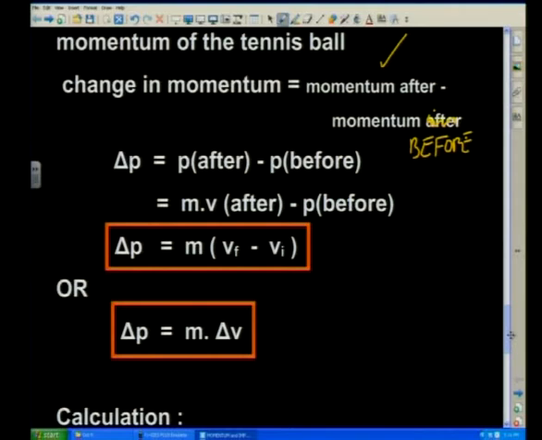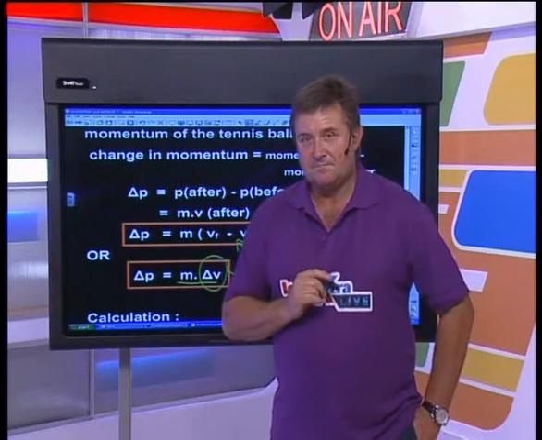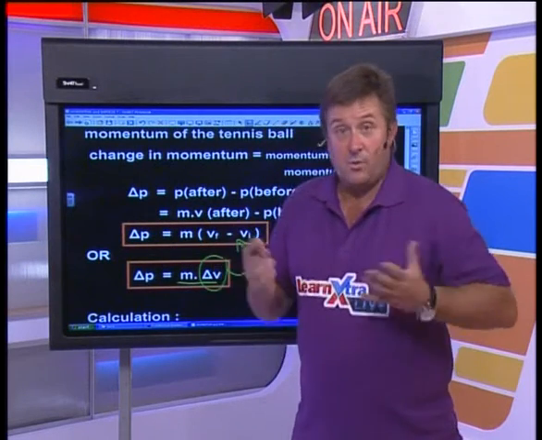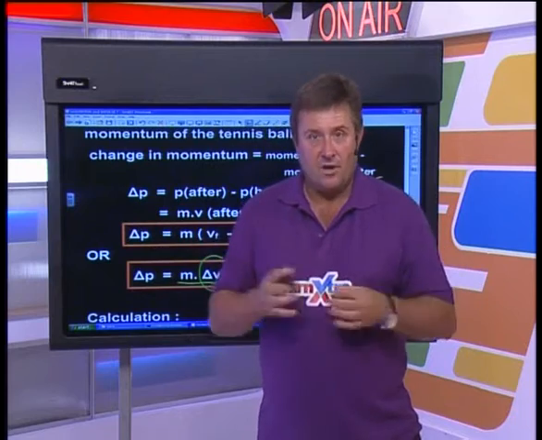Or, tidying this up, delta P, my change in momentum, is equal to m delta v, and the delta v there is simply the change in velocity, the final velocity minus the initial velocity. So guys, it's very simple to work out the change in momentum of an object.